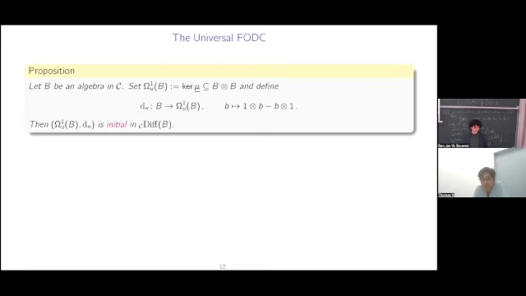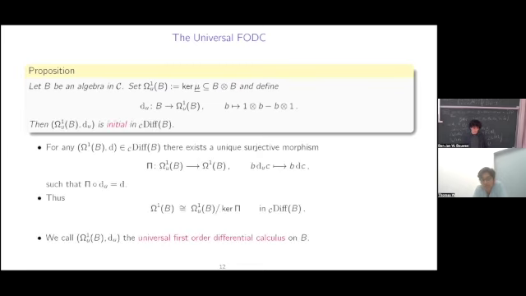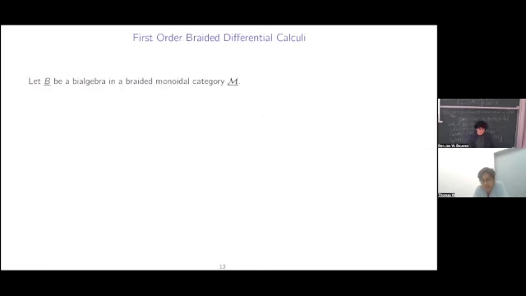Okay, so where were we? We have this universal first-order differential calculus on B. Now let's talk about first-order braided differential calculi. The additional requirement that I'm asking is not just to start with an algebra inside the monoidal category, but to start with a bialgebra inside a braided monoidal category.